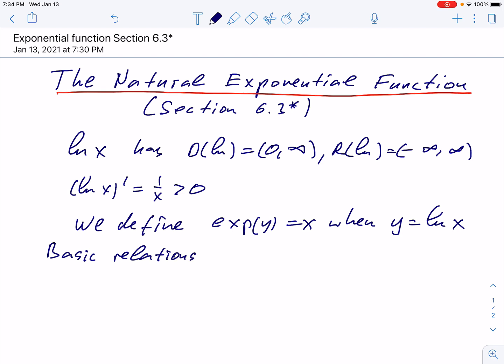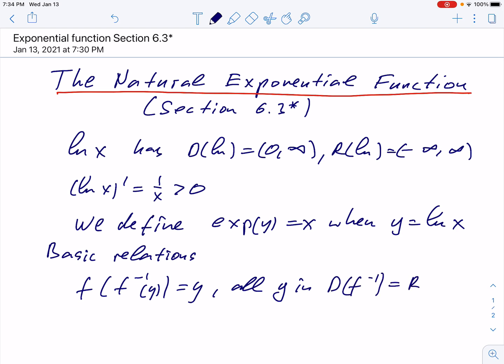For general notations: f of f inverse of y equals y for all y in the domain of the inverse, which equals the range of the original function.